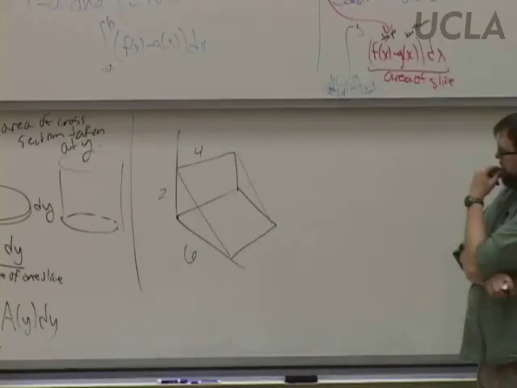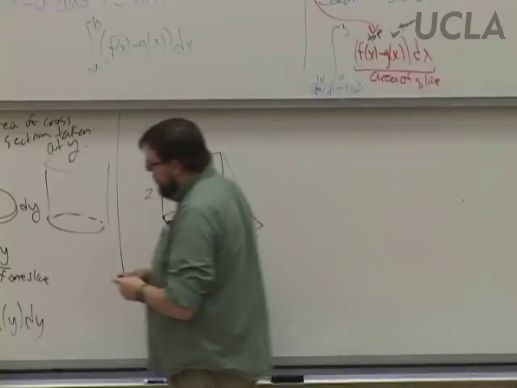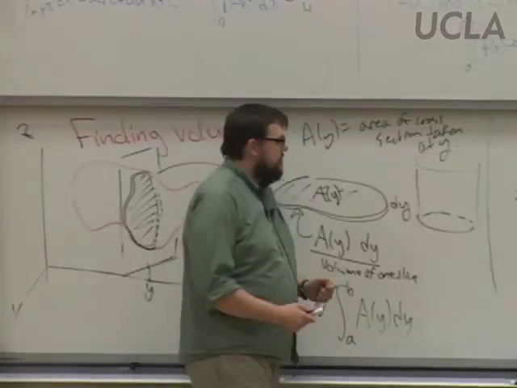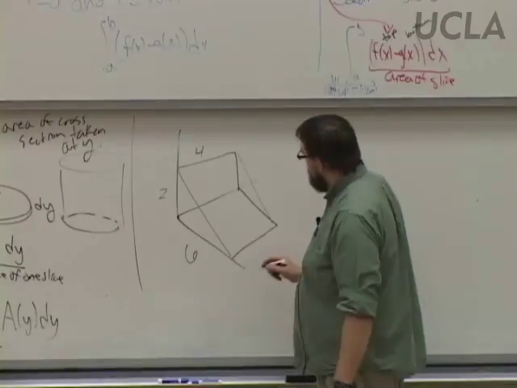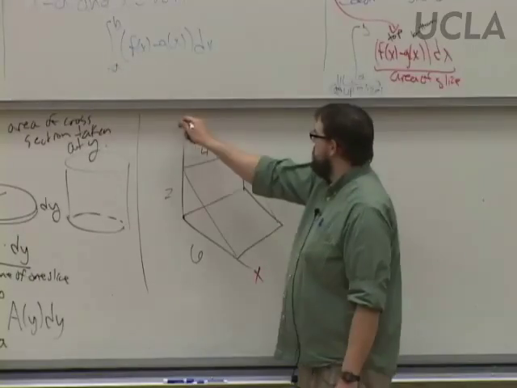So suppose this was our goal. How would we go about it? Well, we'd go about it by taking slices. Now, we can actually take slices in lots of different ways. So let's label this as x, y, and z.